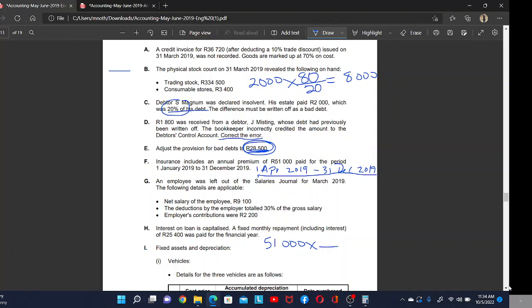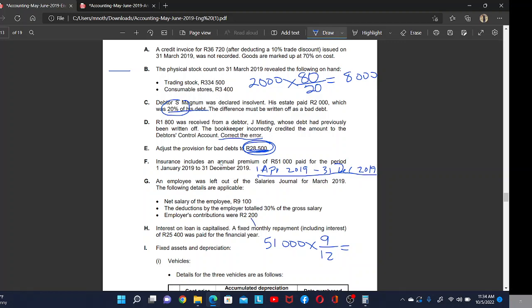So now, how many months are prepaid? It is April, May, June, July, August, September, October, November, December. 9 months are prepaid. So we need to separate those 9 months. So let's calculate them.